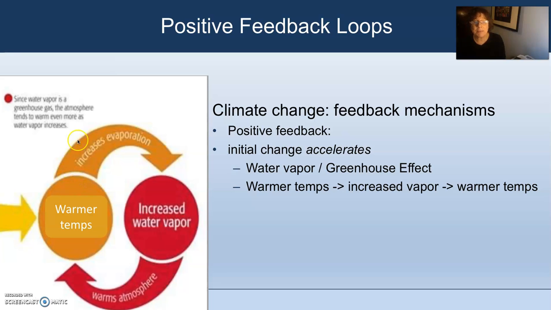So this is a positive feedback loop: an initial climate change of warmer temperatures leads to events that increase evaporation and water vapor content. That drives the warmth of the atmosphere again, because if we have more water vapor in the atmosphere, it will condense, and remember latent energy: as condensation happens, it releases warmth to the atmosphere.